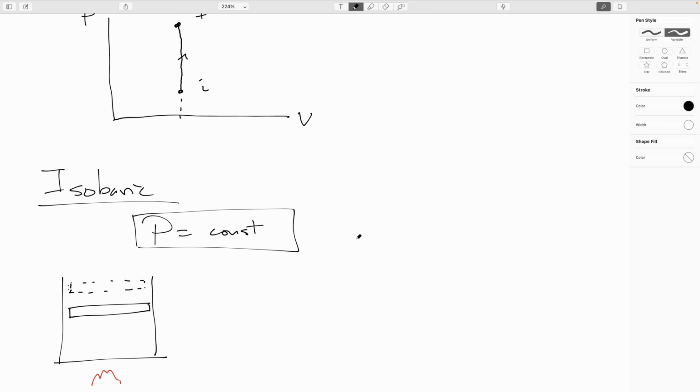So to figure out what happens, we can write the ideal gas law for the final situation. Now here, since the pressure is a constant, no subscript. The volume changed though, so we can say P V final equals nR, those don't change here, T final. Then I can divide this by the same thing for the initial.